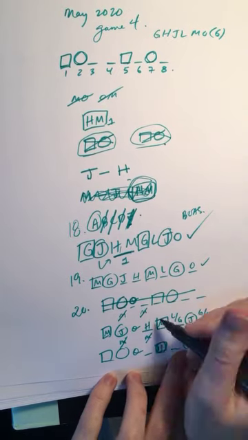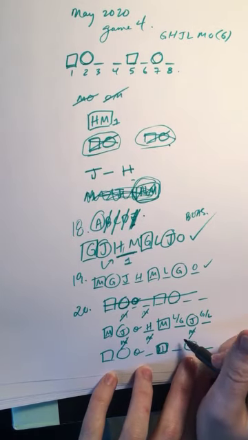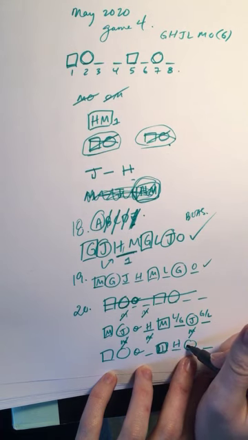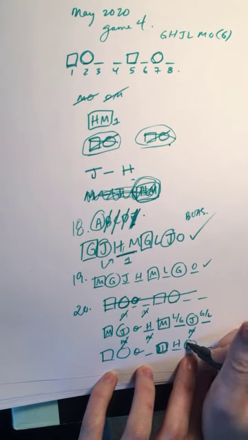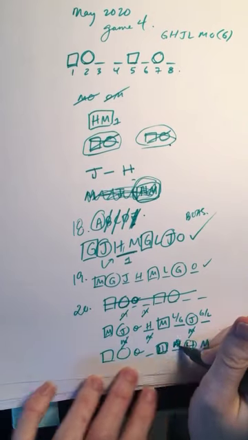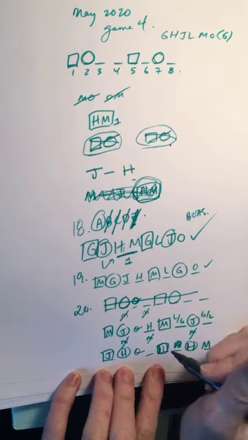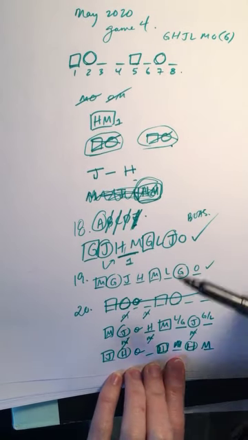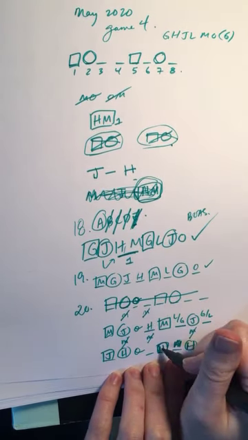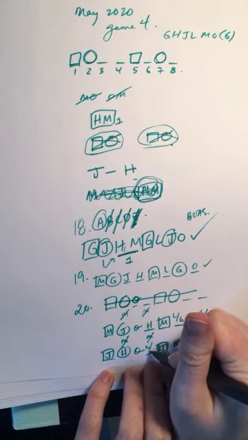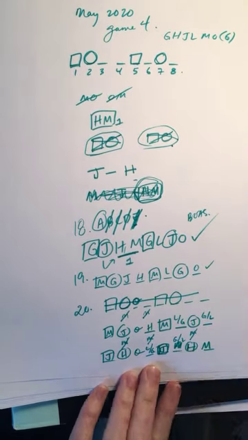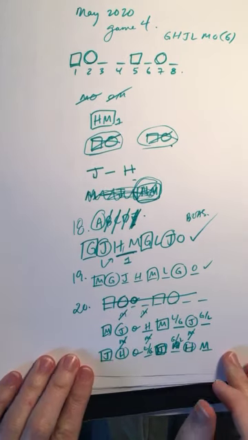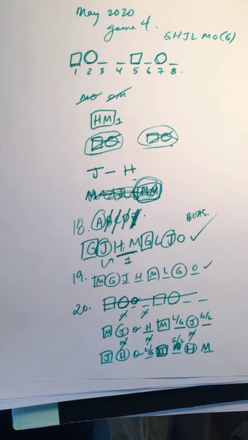Okay, so can't have that one, but let's try H. Oh no, M can't be there, so this could be H and then M. Oh, and this is H, then this is J. Then we've got, okay, so J would be in here, and then here we have LG, GL. So hopefully that made sense. You could follow that, but these are just the possibilities that I have with O being on day 3.